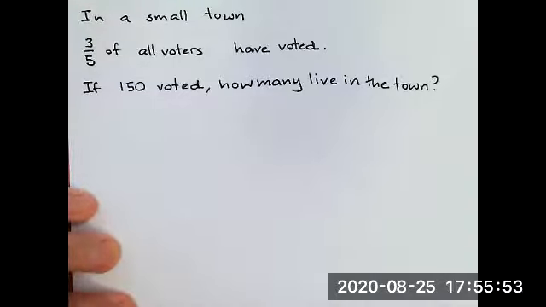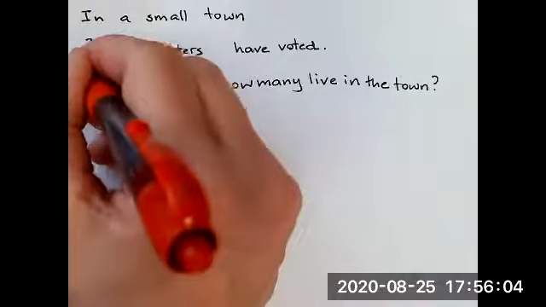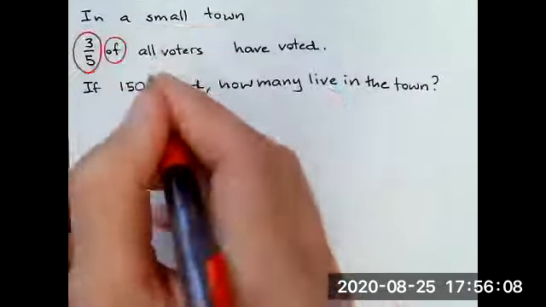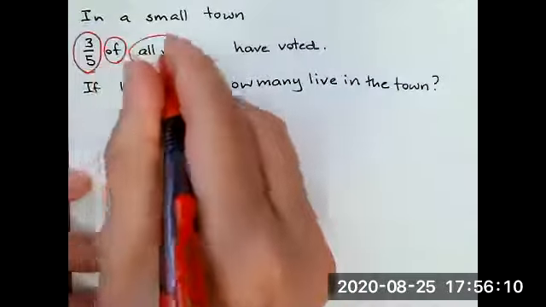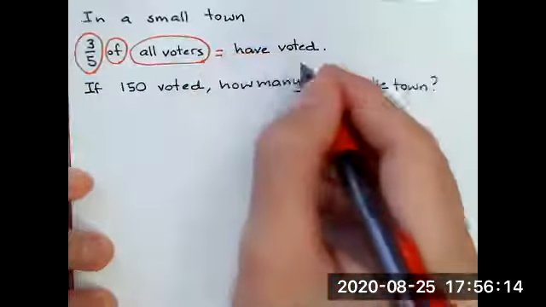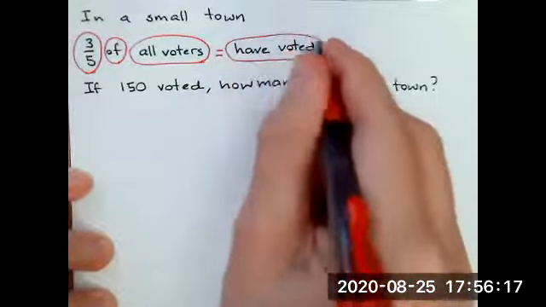All right, so the first thing you want to decide is which sentence gets translated, and you look for the sentence that has fraction of in it. So it's this one, 3/5 of all of the voters is the number who have voted.